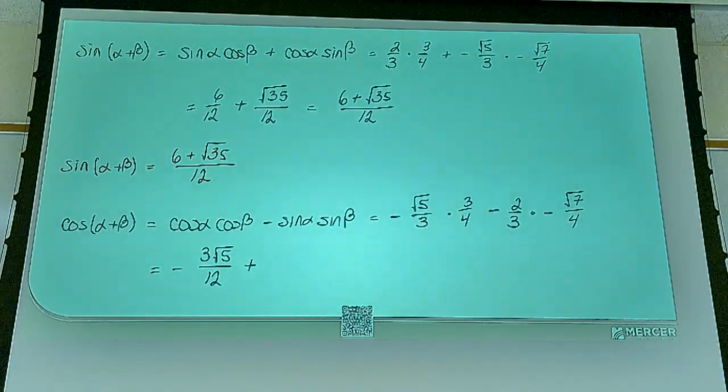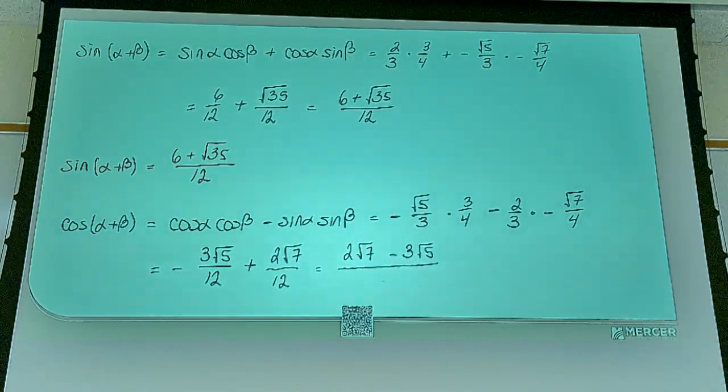And then 2 times root 7, 2 root 7, or again, you could do root 28 if you wanted to, over 12. 2 root 7 minus 3 root 5, all over 12.